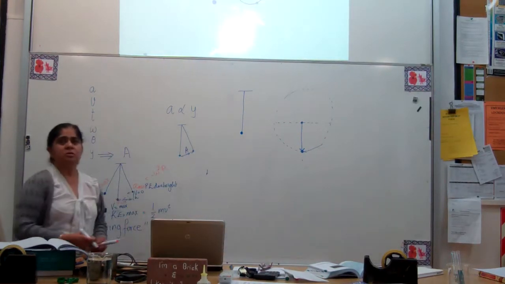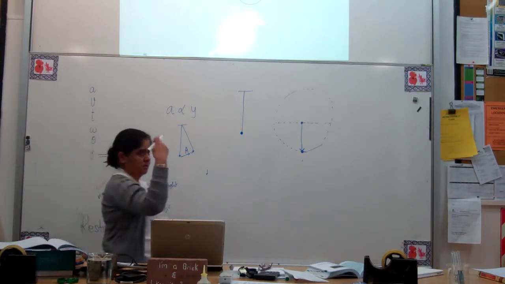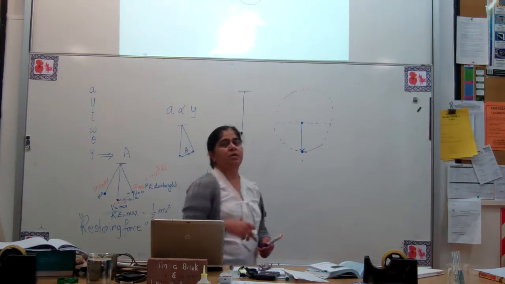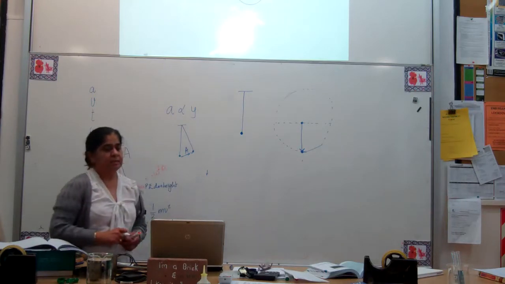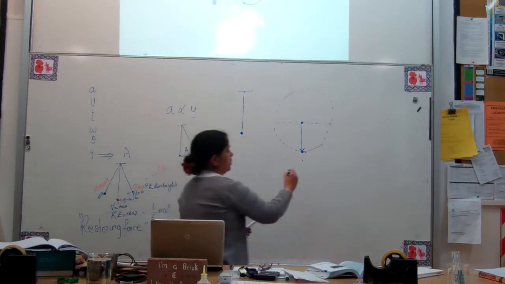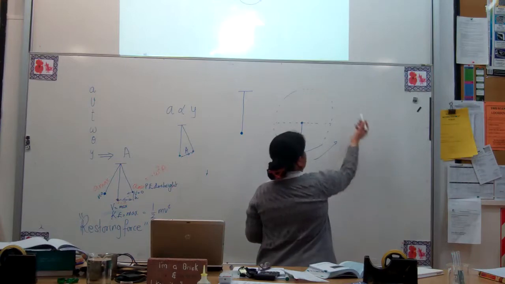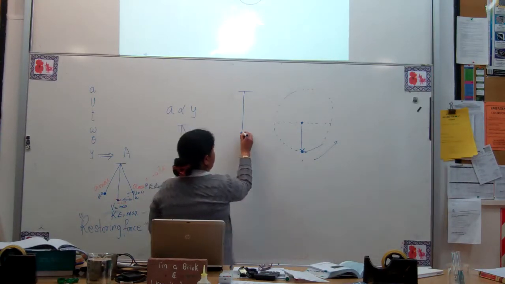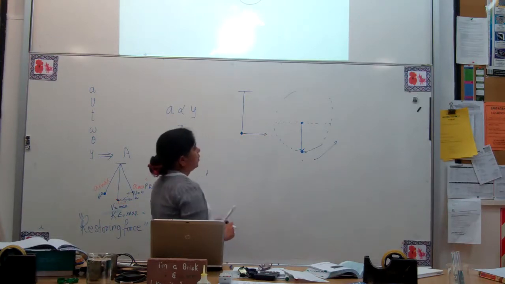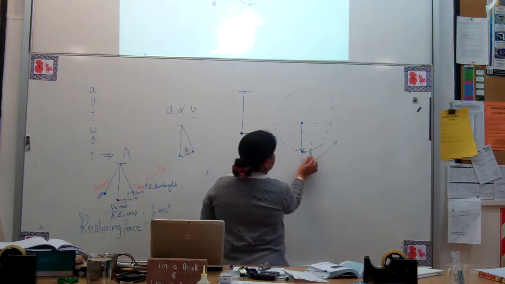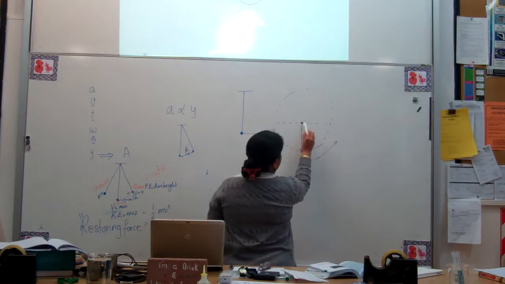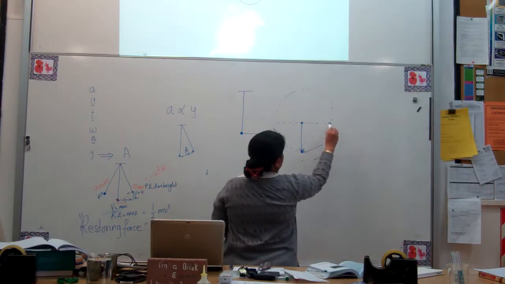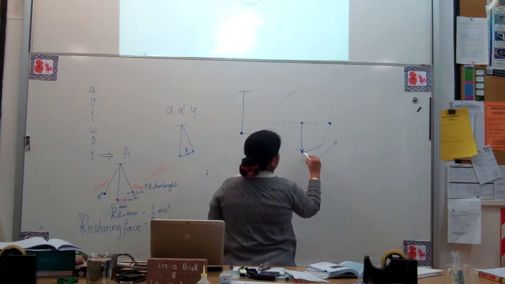Now most of the books, as well as the way the questions go in NZQA, they prefer to go anti-clockwise. Now the pendulum has come here. What has happened on the reference circle when the pendulum has come there? What angle has it covered?